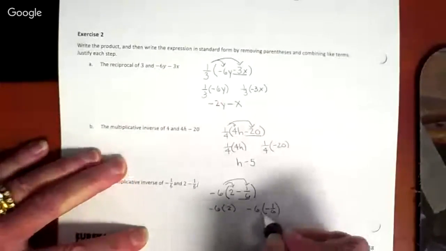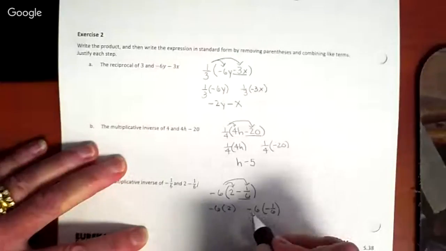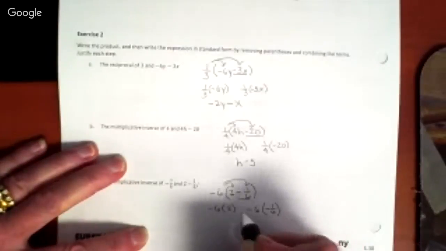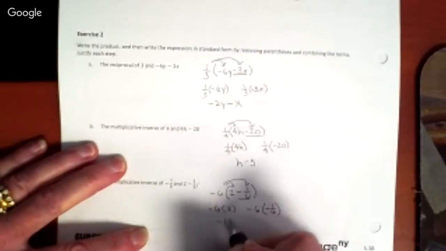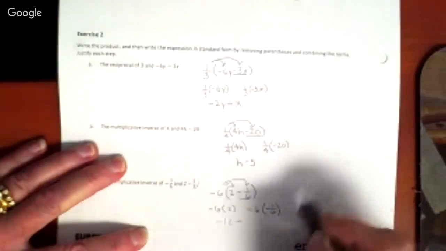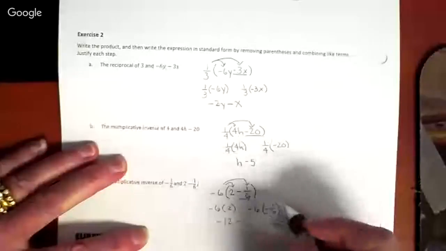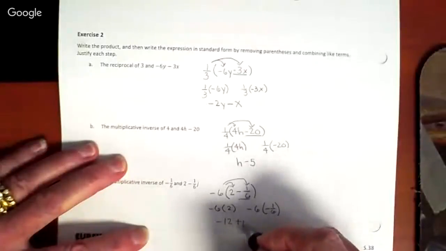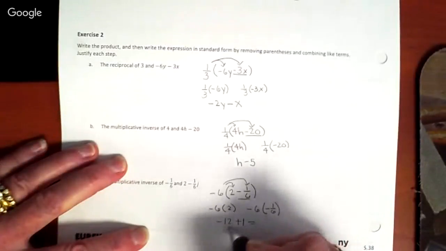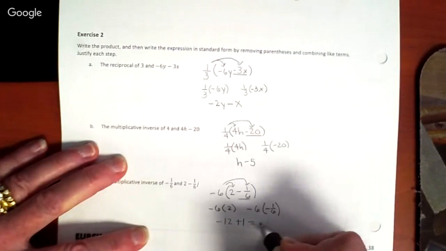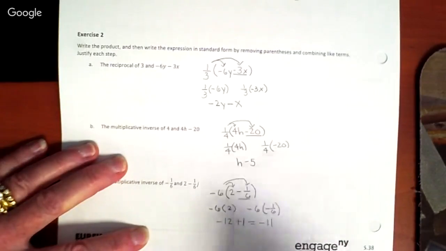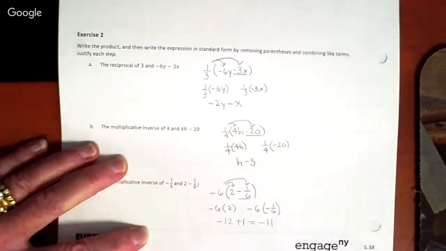Negative 6 times 2 is negative 12, minus negative 6 times negative 1/6 is positive 1, which equals, because we got to put our terms together, negative 11. And that ends our lesson.